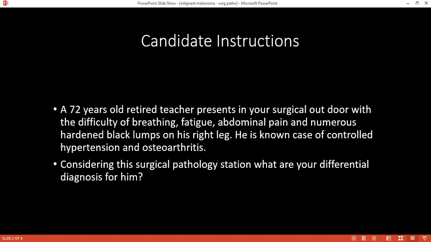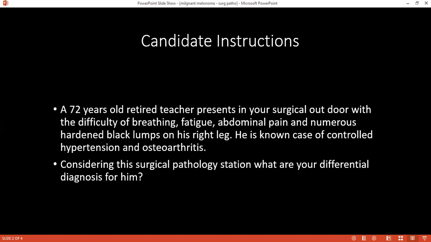Can you tell me the different types of malignant melanoma that you are aware of? So there are commonly four types: superficial spreading melanoma, then nodular melanoma, acral melanoma, and lentigo maligna melanoma. What kind of melanoma is desmoplastic? So desmoplastic is an atypical melanoma.